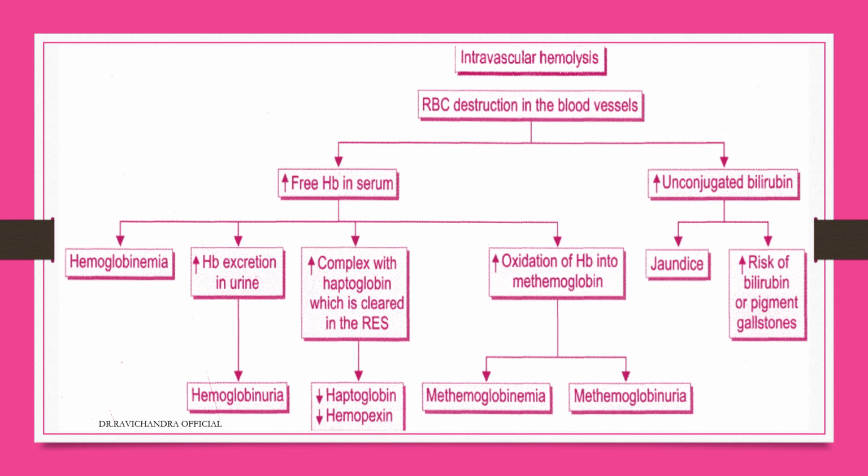The increased unconjugated bilirubin will result in jaundice and an increased risk of pigment gallstones. So pigment gallstones are seen in intravascular hemolysis because of the increased unconjugated bilirubin. Hemoglobinuria, methemoglobinemia, methemoglobinuria, hemosideronuria and hemoglobinemia are seen in intravascular hemolysis, along with jaundice and gallstones.